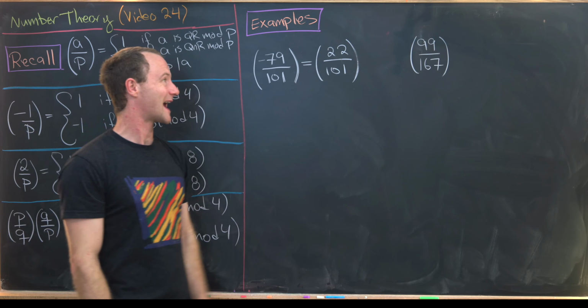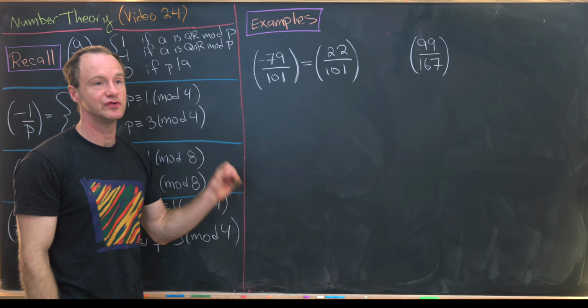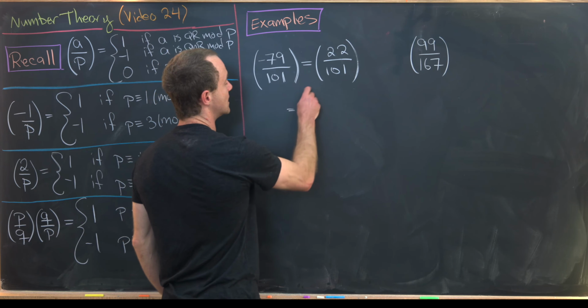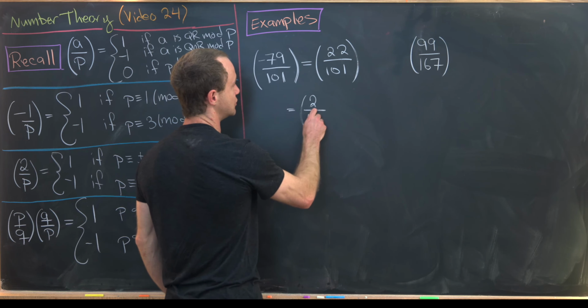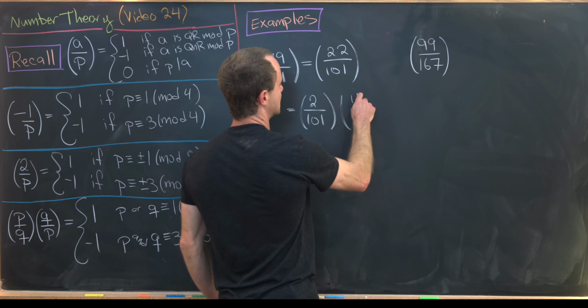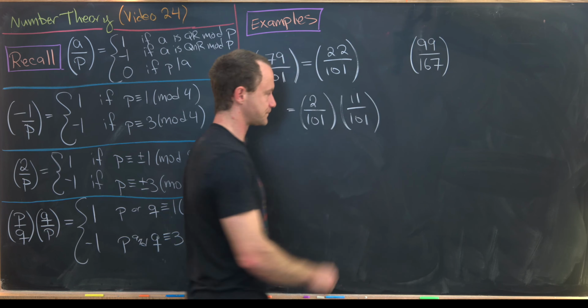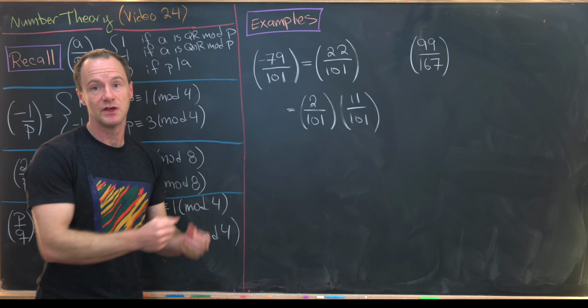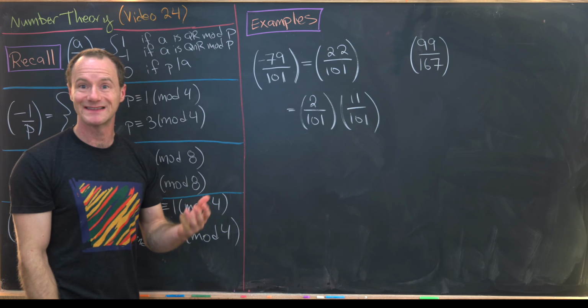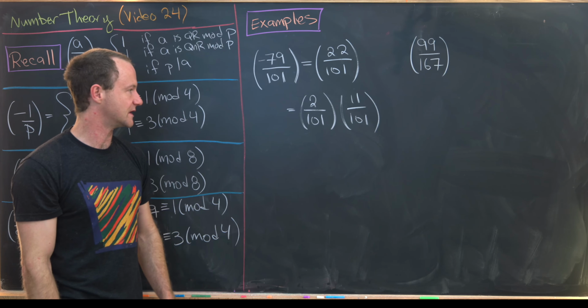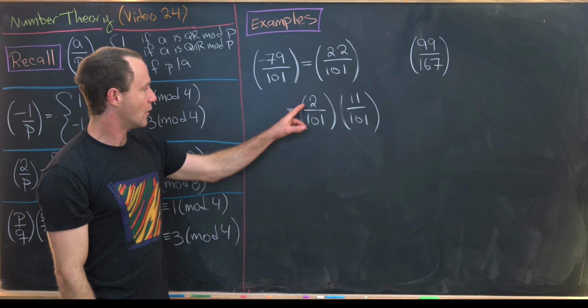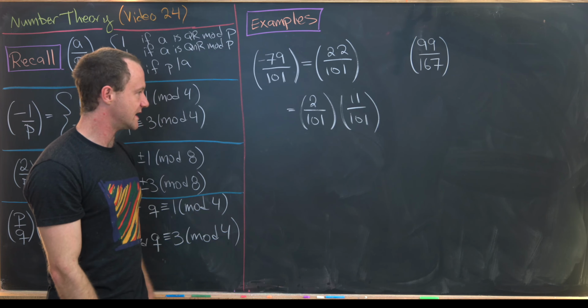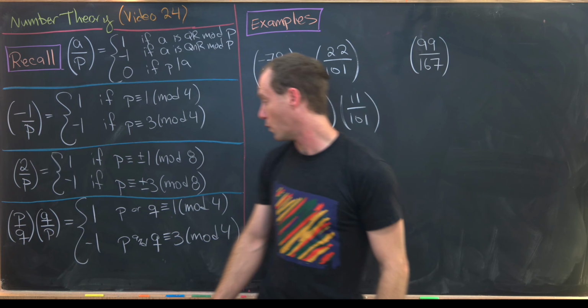Okay, but now we can factor this 22 into 2 times 11. So that'll give us the Legendre symbol 2 by 101 and then 11 by 101. Because again, if you've got a composite at the top, you can factor that Legendre symbol. That's again something that we proved in a previous video. But now we know that 2 by 101 is equal to -1.